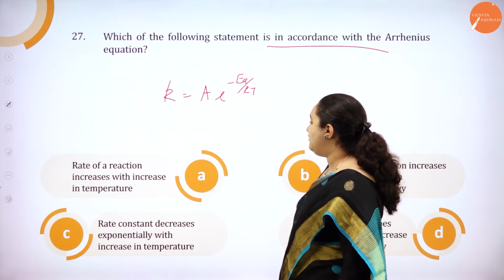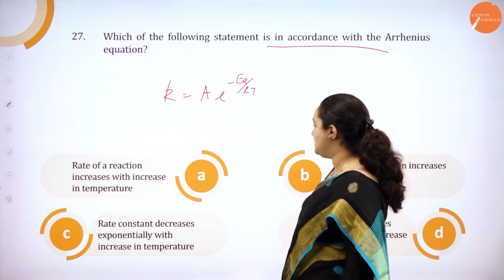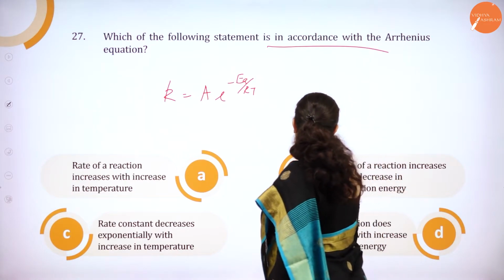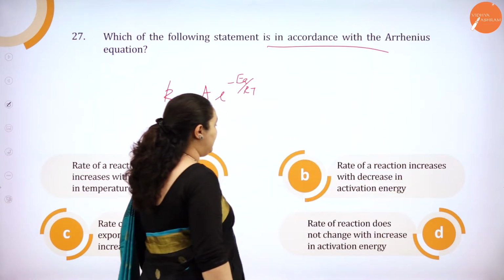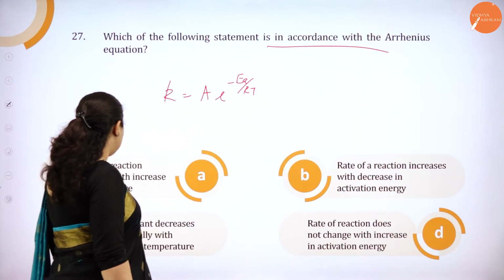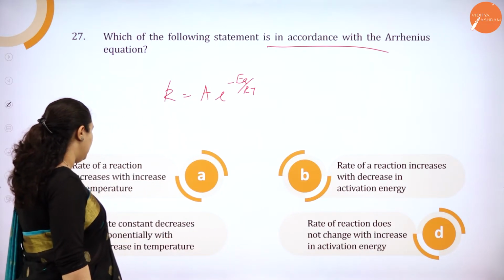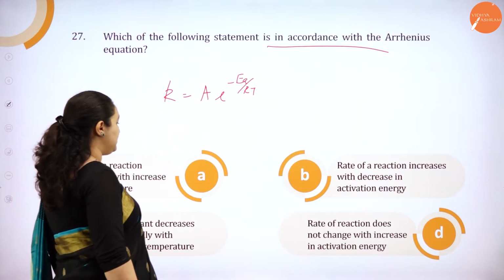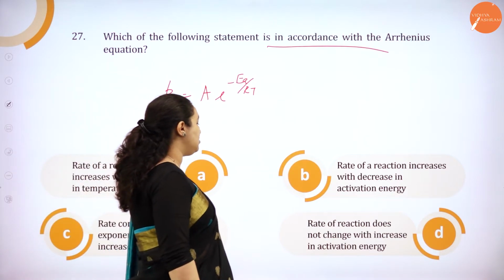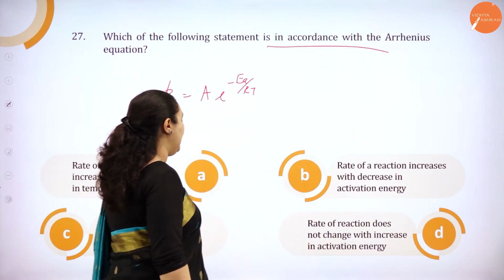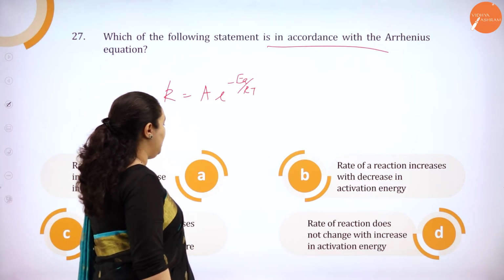Rate of the reaction increases with increase in temperature. Rate of the reaction increases with decrease in activation energy. Rate constant decreases exponentially with increase in temperature. Rate of the reaction does not change with the increase in activation energy.